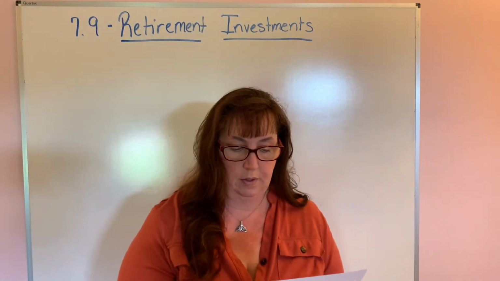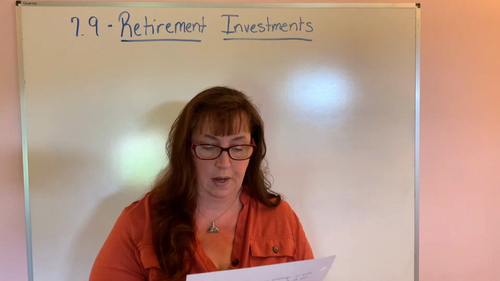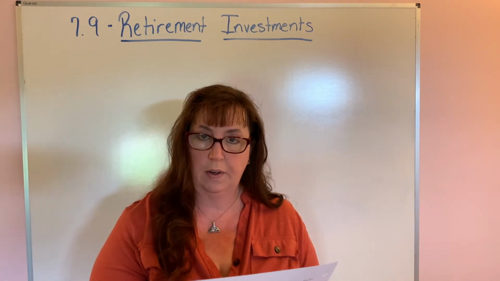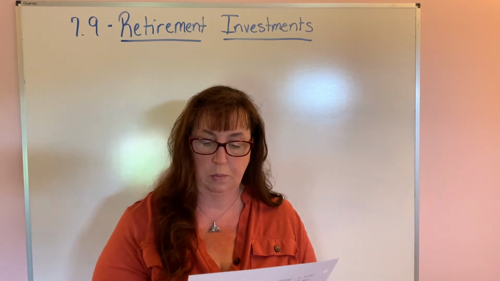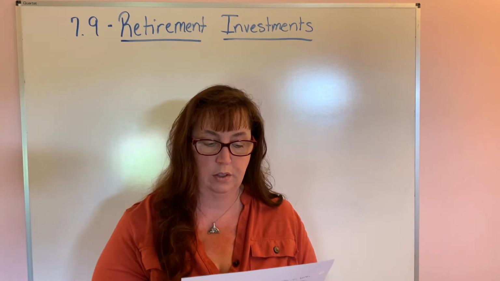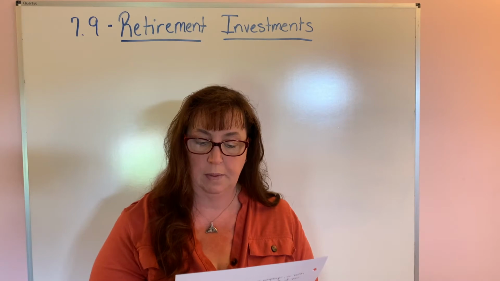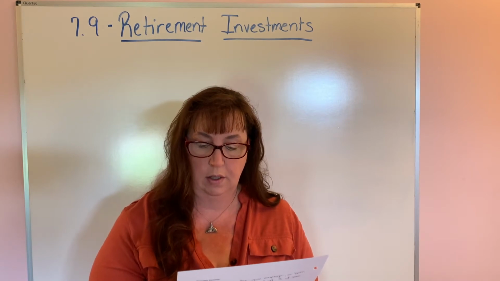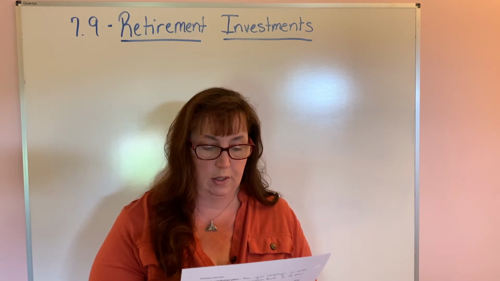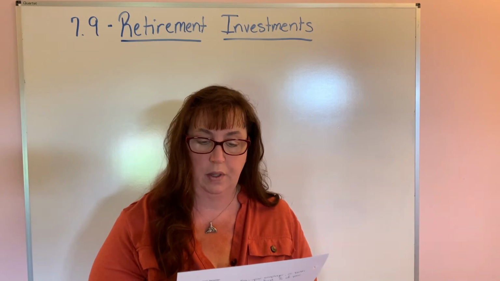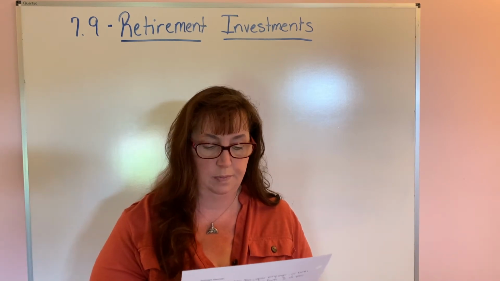Example 1. Sam is retiring at age 65. At age 65, his company pension will pay him $1,560 a month, and Social Security will pay him $800 a month. He has $120,000 in an IRA, individual retirement account.